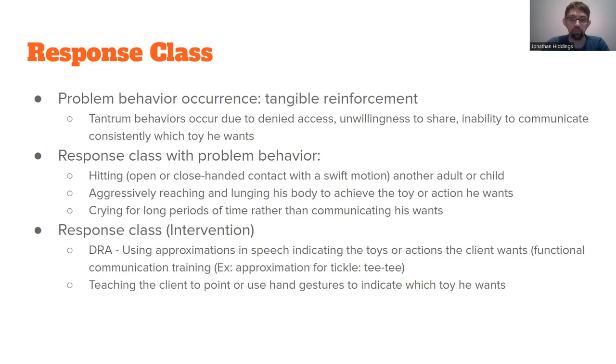The response class with the problem behavior is hitting, open-handed or closed-handed contact with a swift motion. So it could either be with a fist or a slap, similar to a high five, coming in contact with another adult or a child.